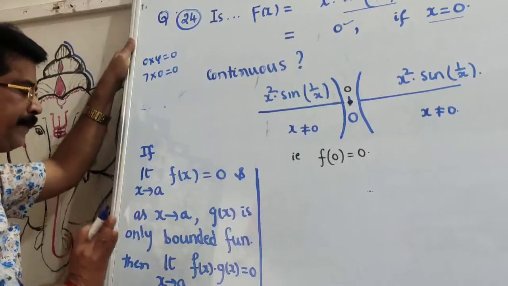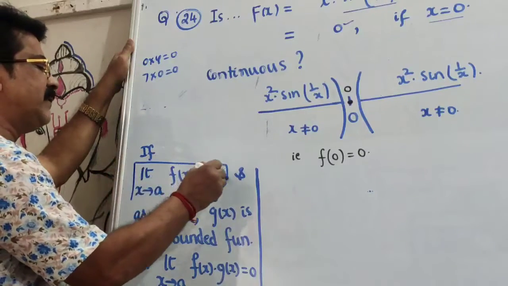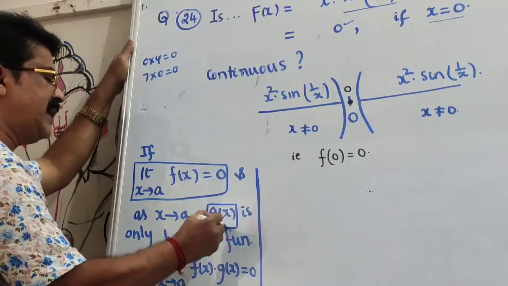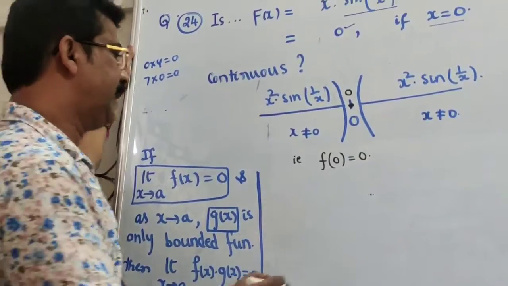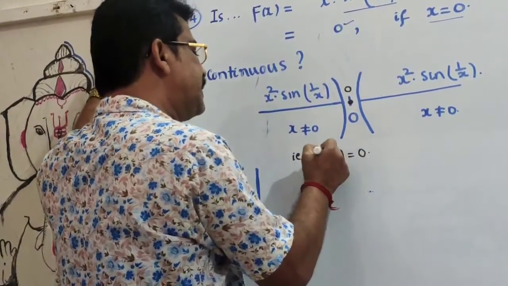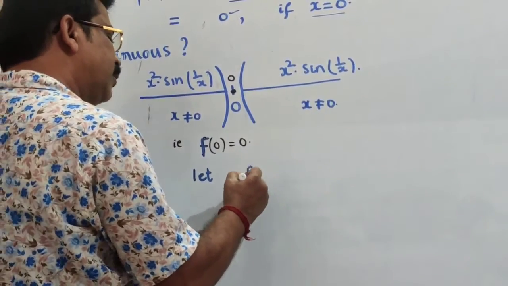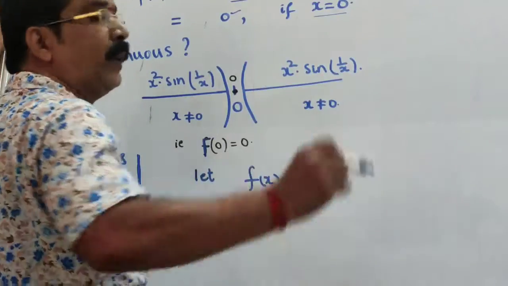That's why, if limit x tends to a, f of x equals 0, then what about g of x? It is enough to be a bounded function. Okay, one minute. So this is f of x. Let small f of x be equal to x square.